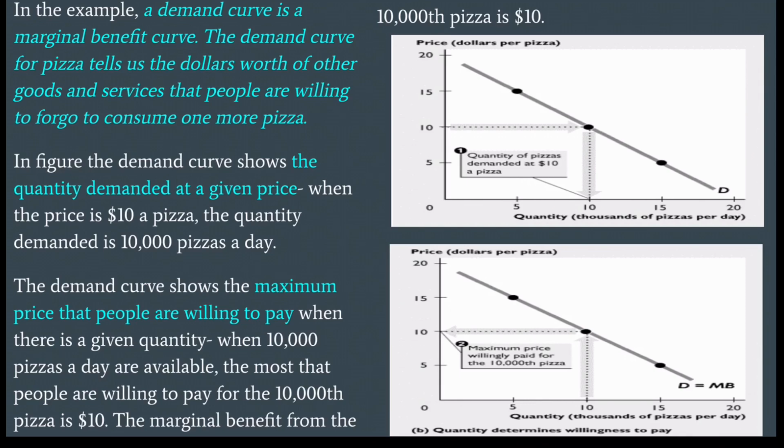When 10,000 pizzas a day are available, the most that people are willing to pay for the 10,000th pizza is $10. So the marginal benefit from the 10,000th pizza is $10. It means that at the price $10, there is a demand of 10,000 pizzas per day. That is their marginal benefit, or the value attached by the consumer.